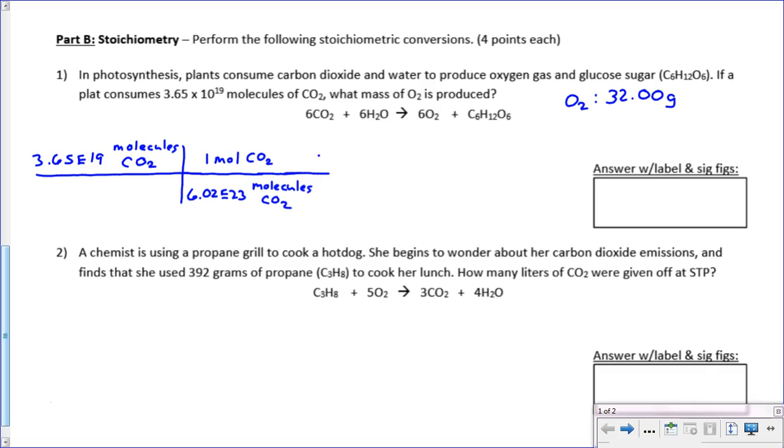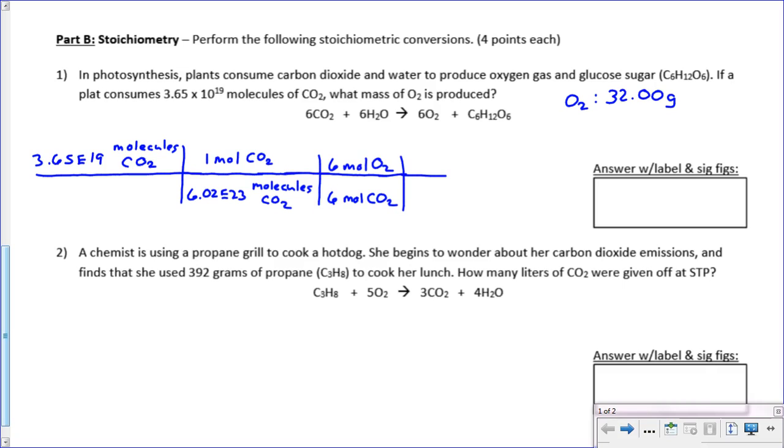All right, then we want to get out of moles of CO2 and into moles of oxygen. So looking at our balanced chemical equation, we know that there are 6 moles of CO2 for 6 moles of O2. Those are just the coefficients.